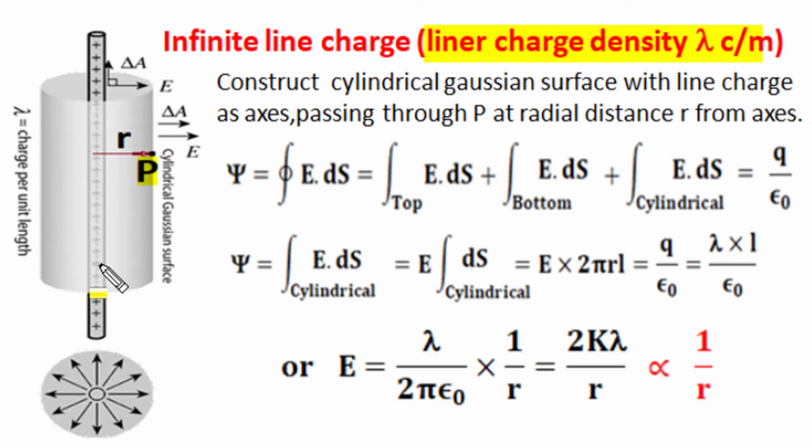So the closed Gaussian surface will have three surfaces: first this top circle, second this bottom circle, and third this peripheral cylindrical surface. Now the total flux passing through this Gaussian surface is the closed surface integration of the electric field, and this total integration over the entire closed surface is divided in three portions: top circle, bottom circle, and side cylindrical surface.